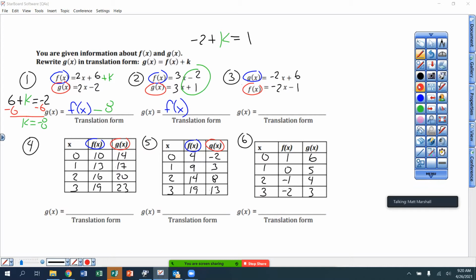So if I solve for k there and take away 2, for that situation to show this, the k number had to be... Oh, did I make a mistake? Oh, I'm adding right there. Look at that. Even with my math degree. So this would be +3. Always keep me honest.